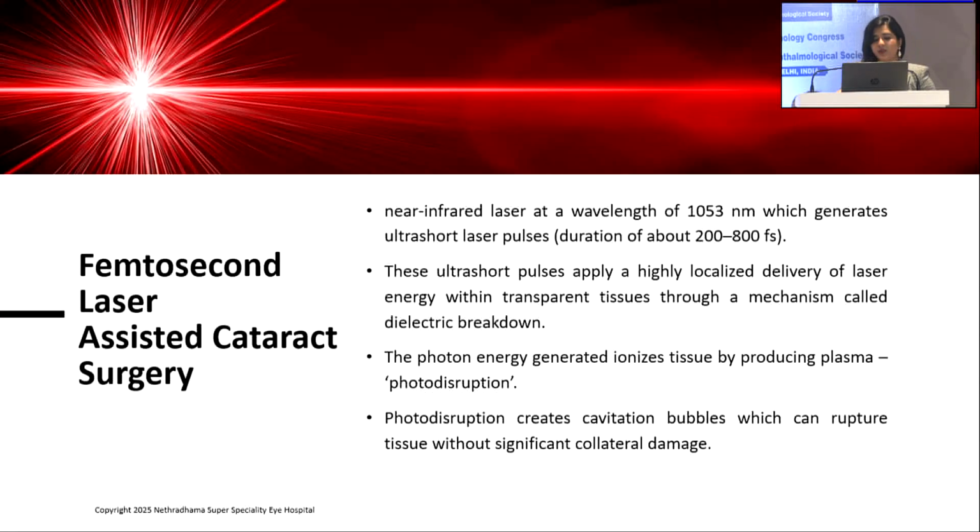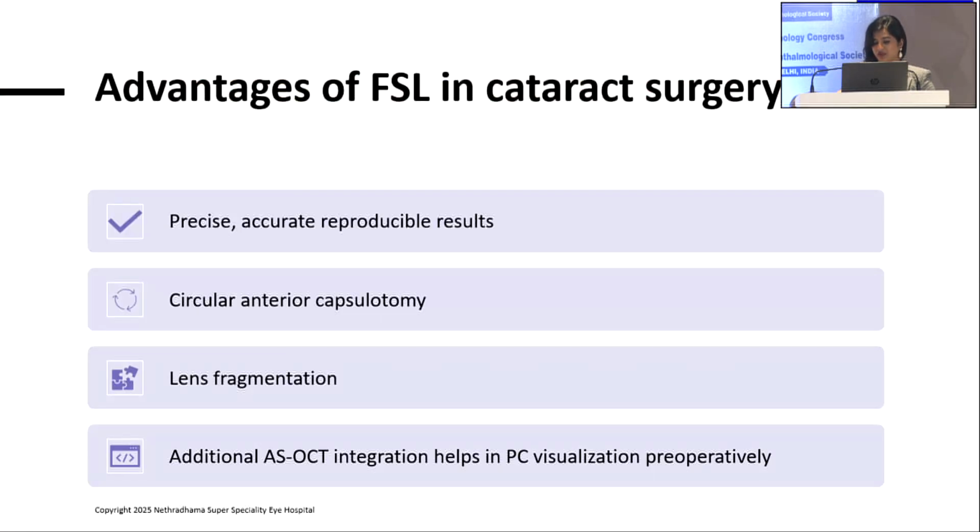Now, we know that Sir has already discussed the technology. I won't go into the details. It ionizes the tissue by producing photodisruption, basically. And the advantages of FLACS, as we've discussed, are a precise, accurate, reproducible result in regular cataracts, but it also makes it much safer for posterior polar cataracts. You get a capsulorhexis which is round, continuous, circular, which is the most important step in PPCs.